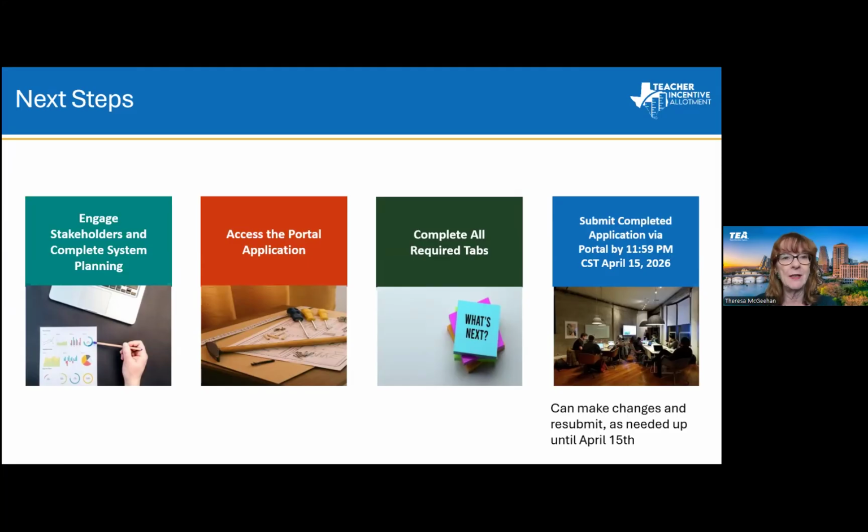After April 15th, you cannot make any more changes. That is your system. That's what will be scored. If it is accepted, that's what you will implement in the next year. So, just FYI, once you hit submit, if you forgot something before April 15th, you are allowed to go back in and change things to make it the best version of what your system can be. But just note that you can't make any changes once the final deadline has passed.